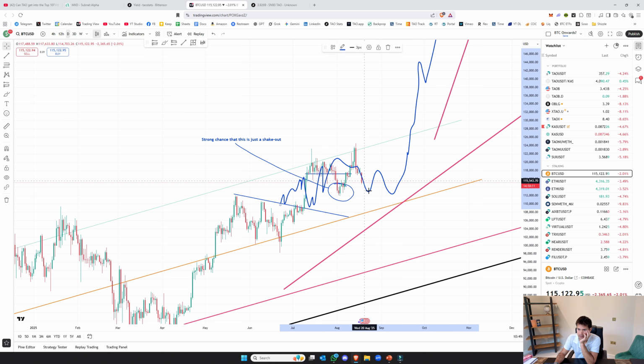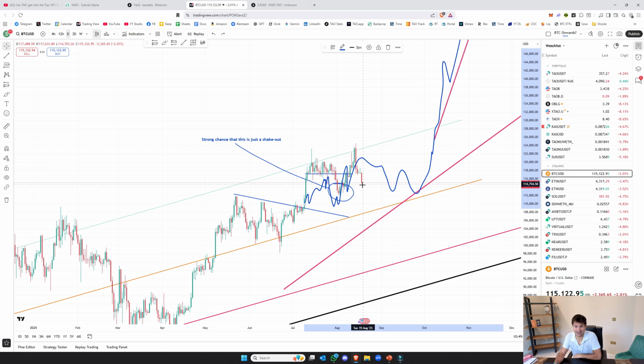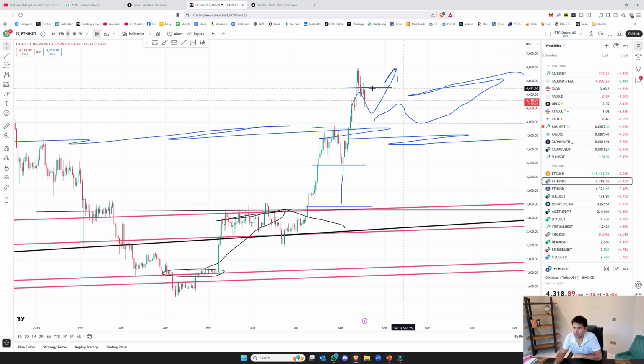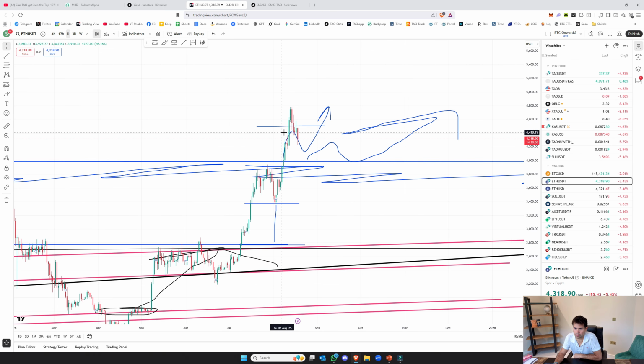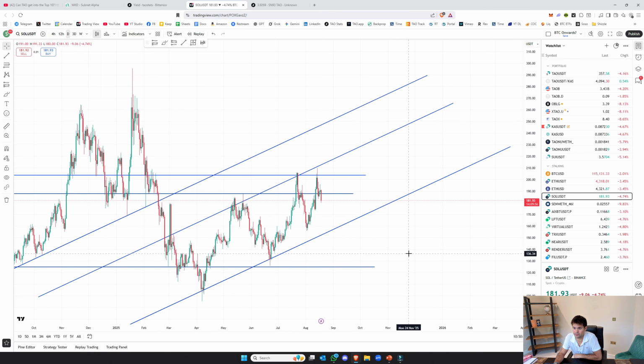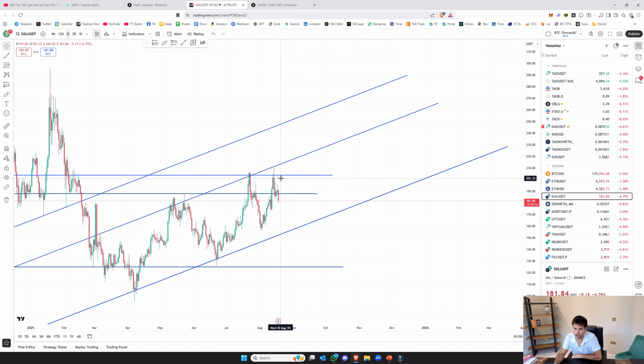Whether this is more like that, who knows? But again, this is nothing to be scared of. And it's the same with ETH. I said that we'd break out to at least these levels before doing a bit of a pullback, and then hopefully we go above that. And again, I'm waiting for Sol to stick the landing on top of 200, and that's when meme season starts.